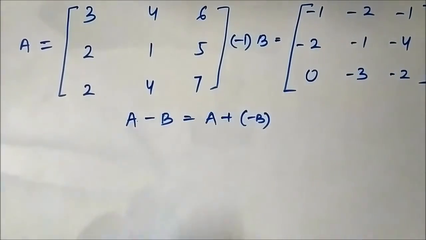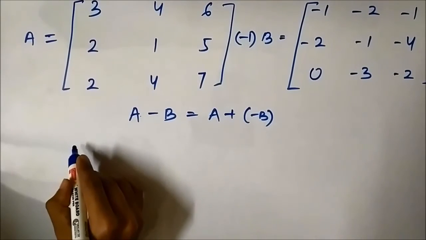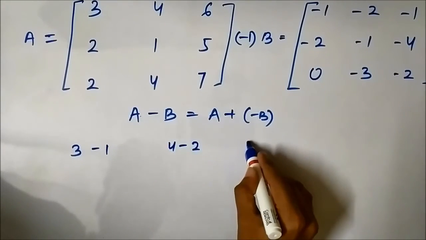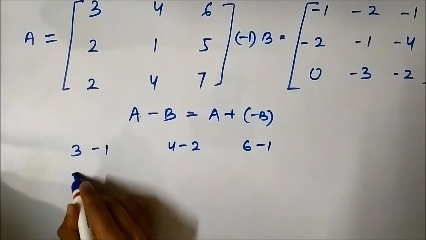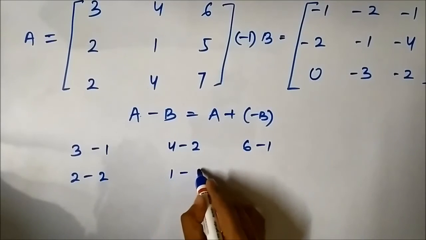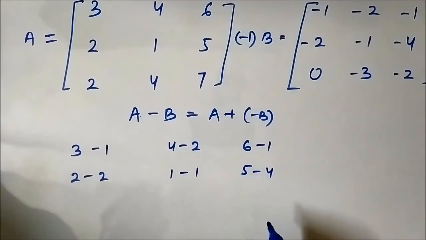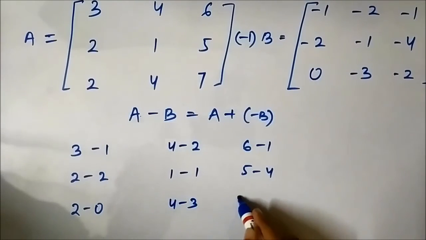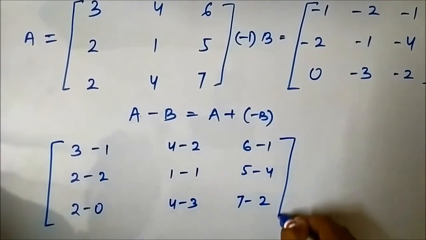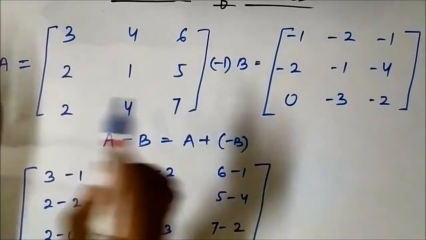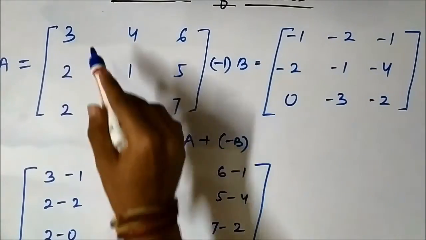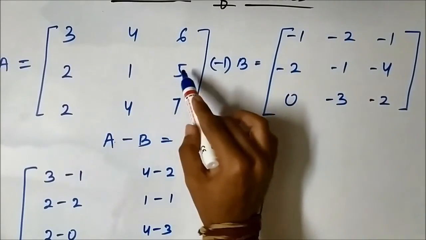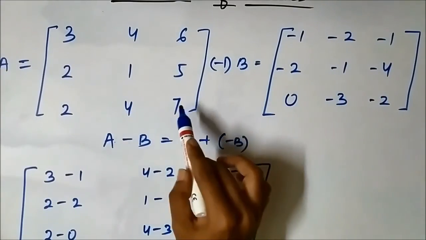And now this operation becomes 3 minus 1, 4 minus 2, 6 minus 1, 2 minus 2, 1 minus 1, 5 minus 4, 2 minus 0, 4 minus 3, 7 minus 2. So the subtraction operation takes place term by term, element by element, corresponding elements are subtracted.